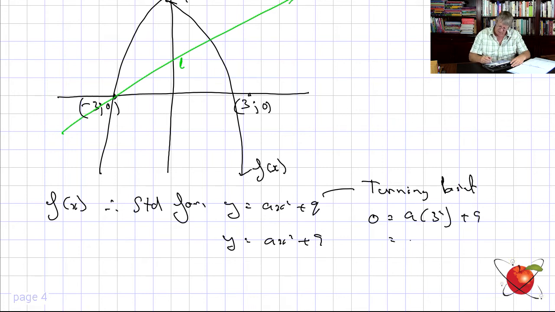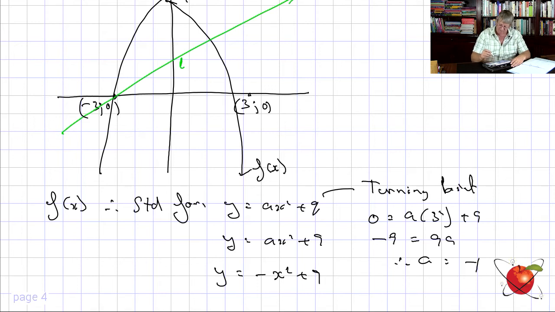So therefore, a is going to be equal to 1 in this case, but it's minus because that goes across to the other side. Let me just do it in completeness. That goes and becomes minus 9 equals 9a. Therefore, a is minus 1. Therefore, my equation is y is equal to minus x squared plus 9.